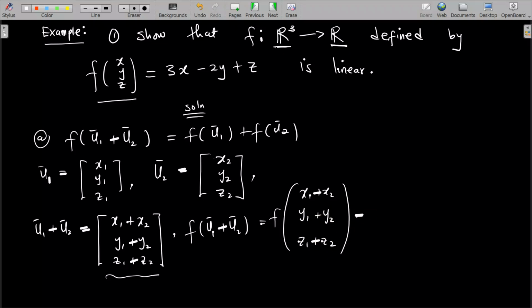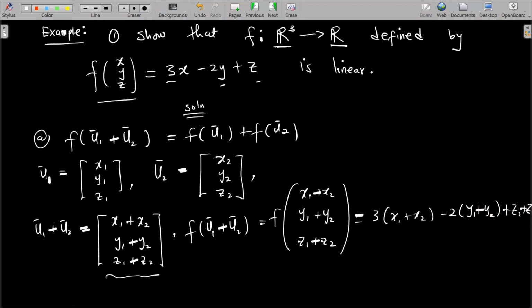It's going to be 3 times the x component, or the first component, minus 2 times the y component plus the z component. Here the x component we have is the whole of this summation. Okay, so it's going to be 3 times x1 plus x2 minus 2 times the y component, which is y1 plus y2, plus the z component, which is z1 plus z2.